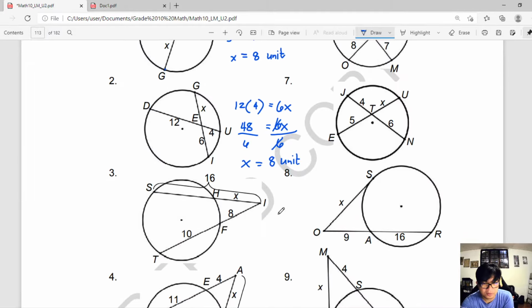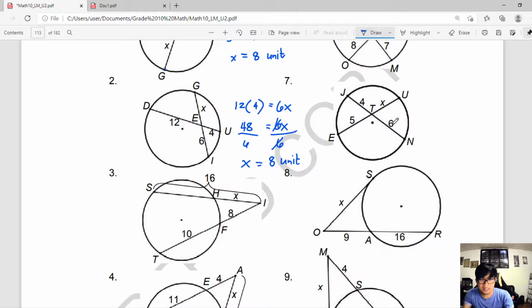So that means the length of S to I is 16.